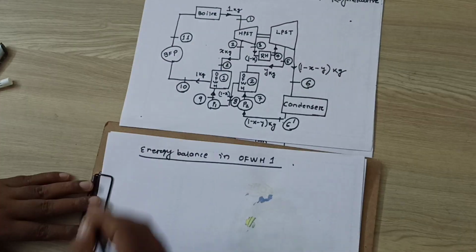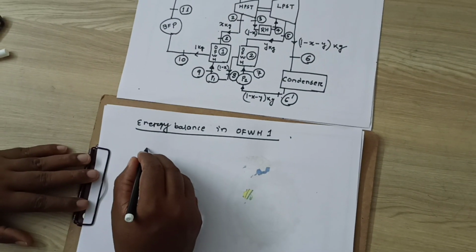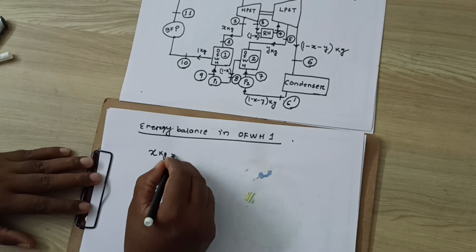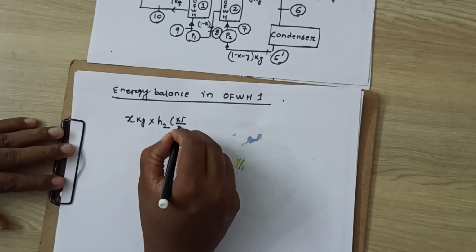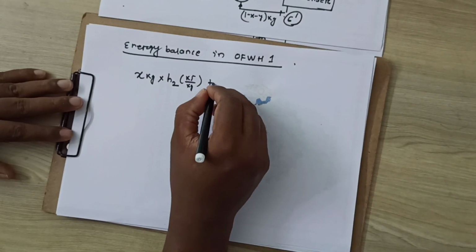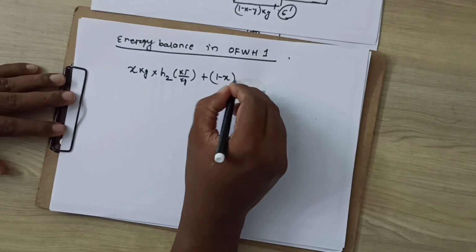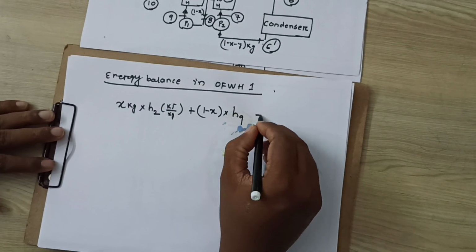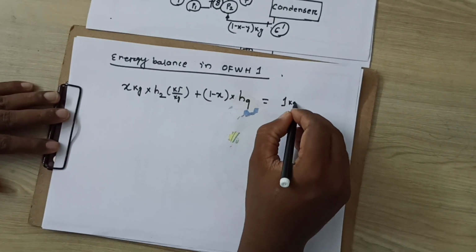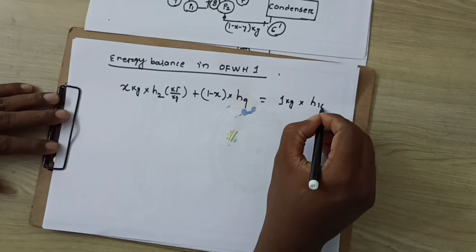So these two additions first will take place. So this will be x kg into H2, where H2 is in kilojoule per kg, plus 1 minus x into H9, at the state point, is equal to 1 kg into H10.